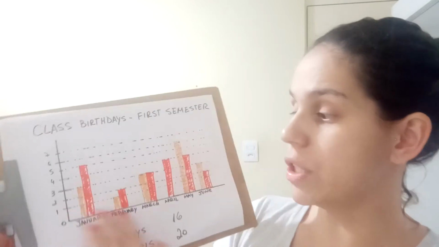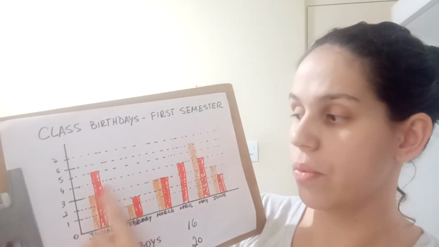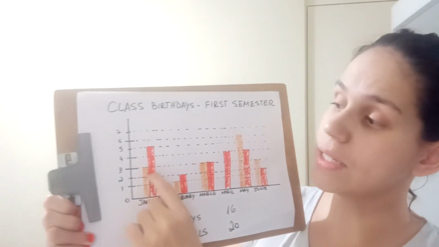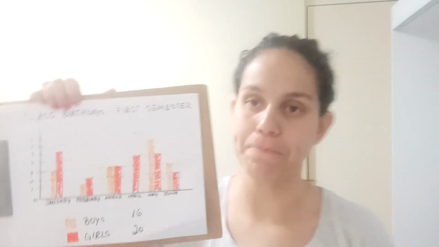In the second exercise, we are going to learn how to make the graph. So here we have the numbers of the boys and the girls when they have birthdays. So this is the data. Repeat, data.